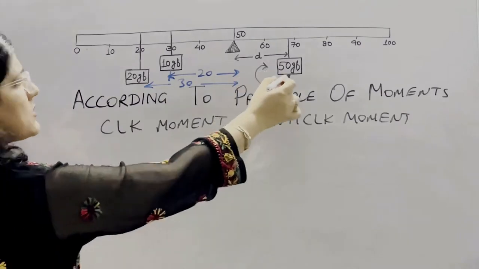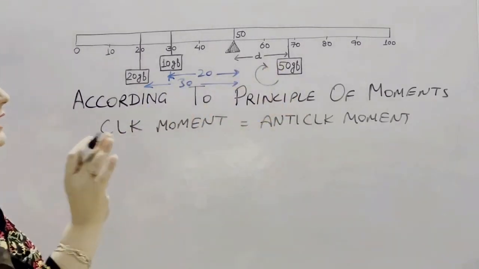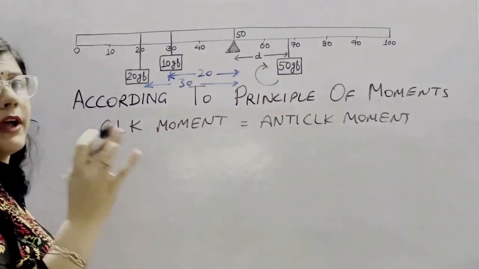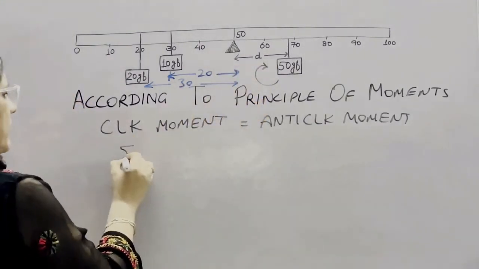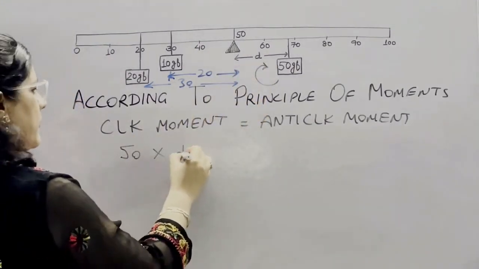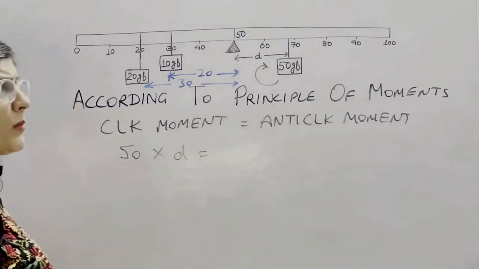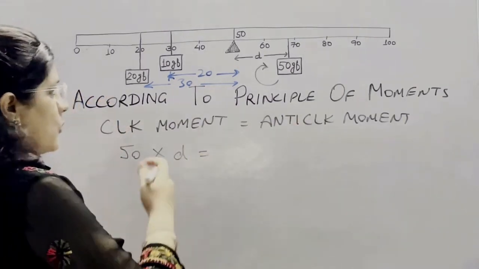Now clockwise moment is on this side. We know the value of weight, but we don't know where to place this weight. So we have again taken it as D. So clockwise moment is 50 into D. Anti-clockwise moment, we have two weights.